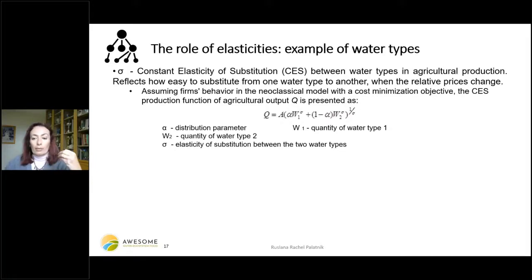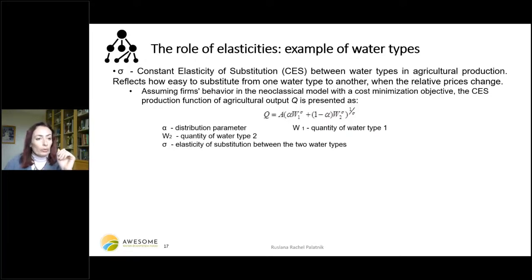And sigma stands for the substitution between the water types in agricultural production. It basically reflects how easy it is to substitute from one type to another when the relative prices of water types are changing. So we assume firms' behavior in the neoclassical model with a cost minimization objective.